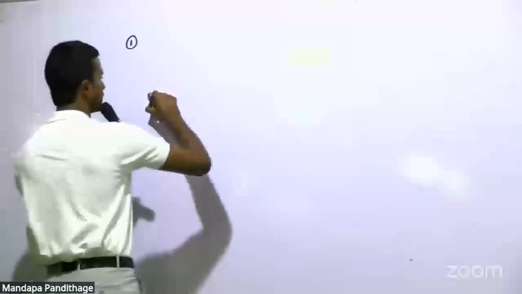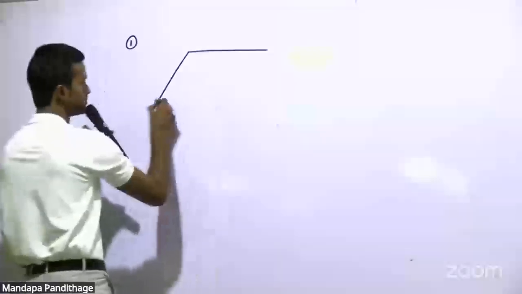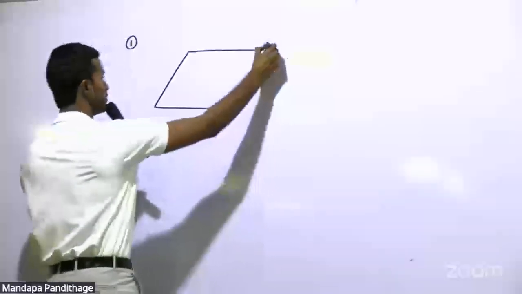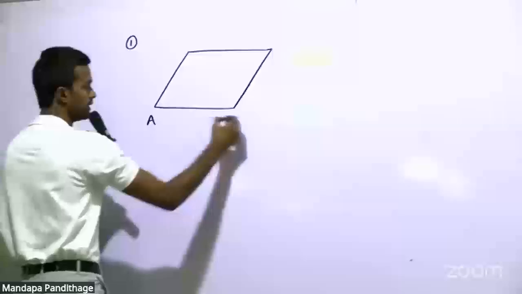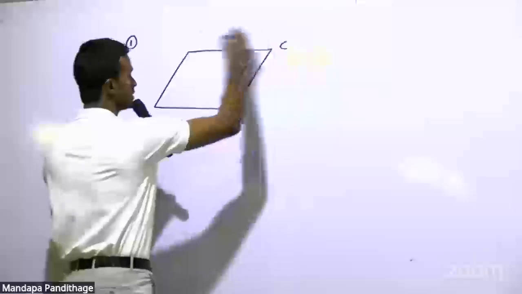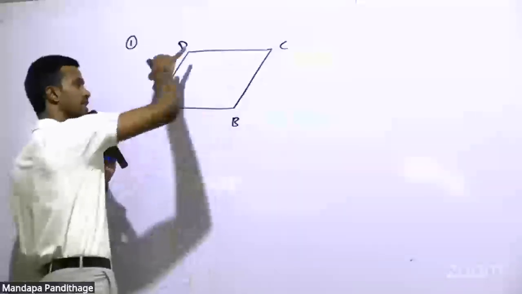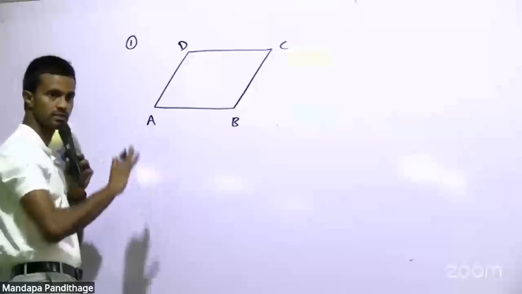So we have the parallelogram ABCD. When you are naming them, make sure you properly put the letters, because if they have given it as ABCD, it should be the same sequence.